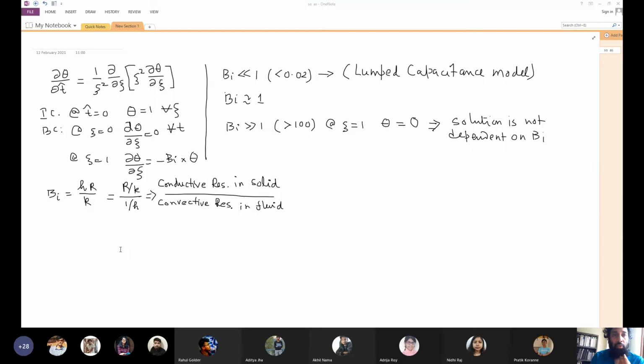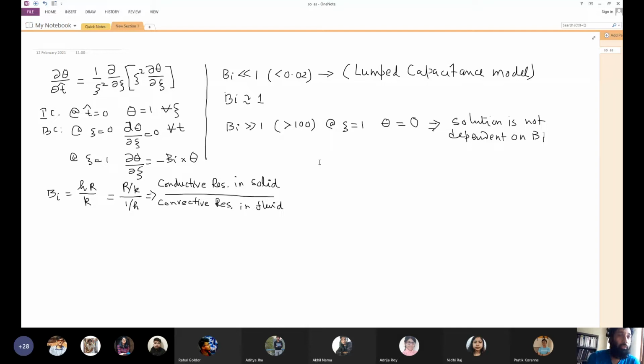So our differential equation got simplified. Exactly. For Biot number much greater than 1, our differential equation got simplified. Slightly simplified, not a whole lot, but more importantly it becomes independent of Biot number.